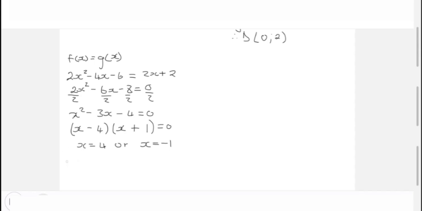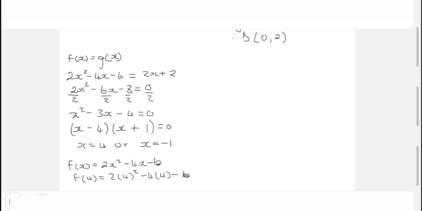Remember the first original equation was f of x equals 2x squared minus 4x minus 6. Okay, my 6 right there is bad. And then we're going to substitute 4, and then it's going to be 2 into 4 squared minus 4 into 4 minus 6.